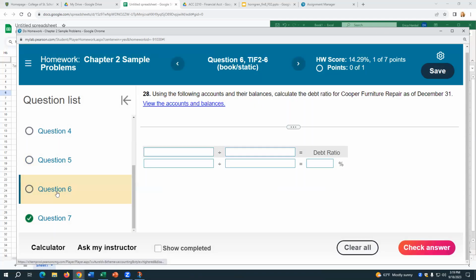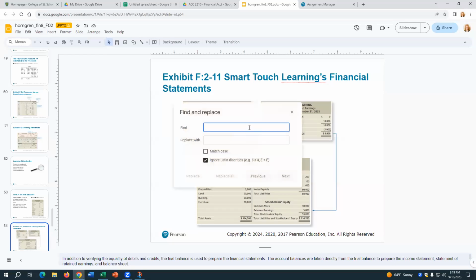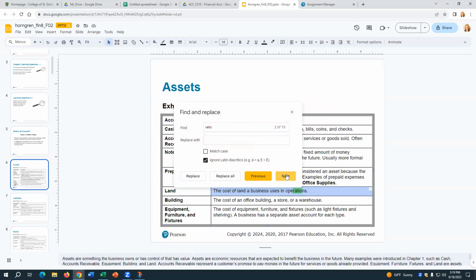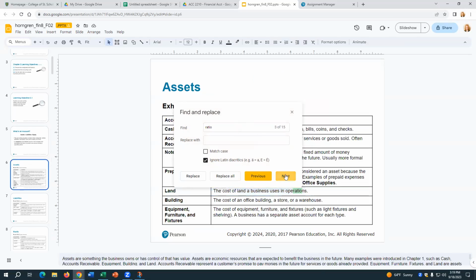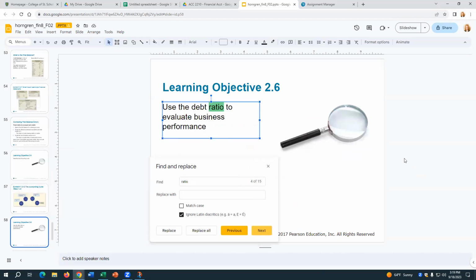All right, so for the last one, I've got 1 minute left and I'm going to make it count. I want to find you guys the slide here for the ratio. Here we go. There we go, debt ratio.